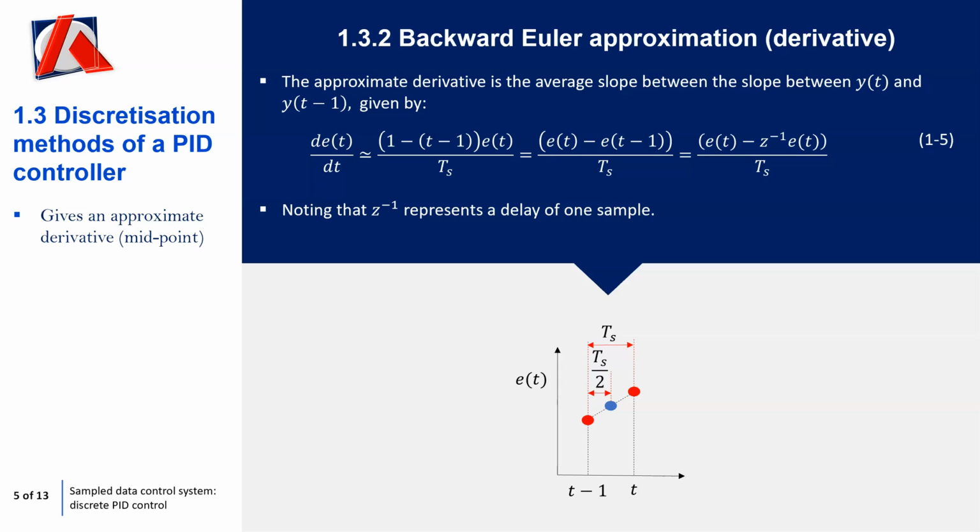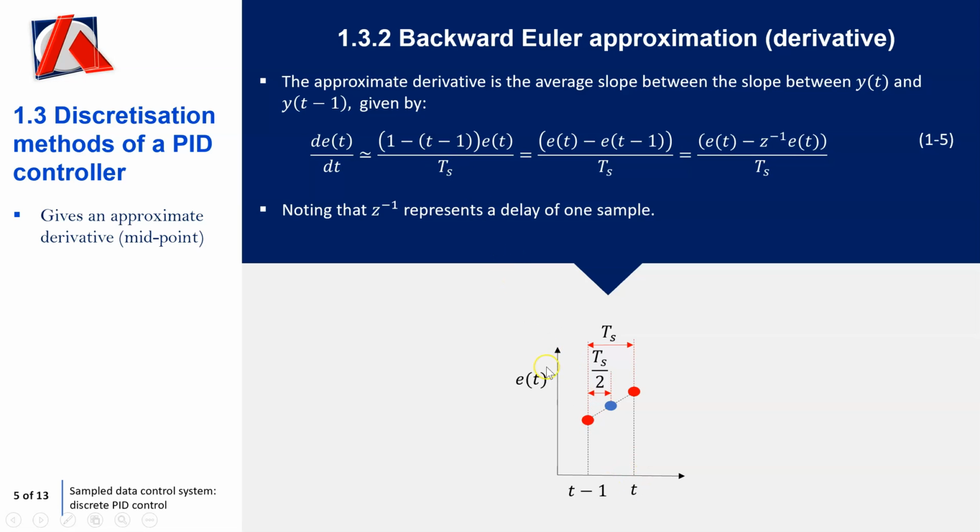So I'm going to first of all go through the backward Euler approximation. In the time domain, you've got dE of t over dt, and that is equal at the sample point to this formula here: 1 minus z to the minus 1 multiplied by e of t, divided by Ts.